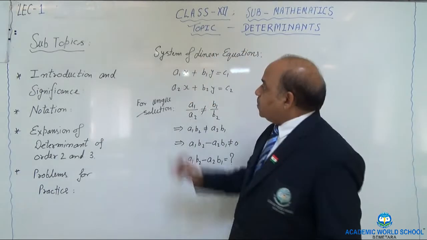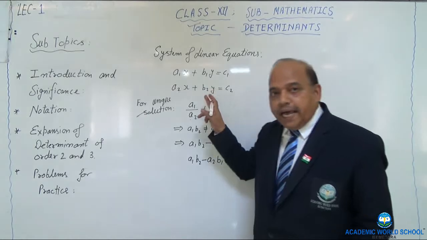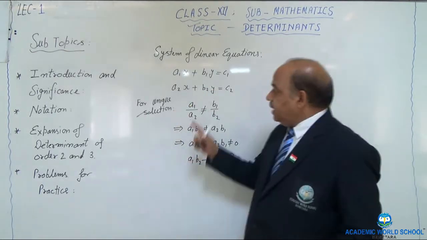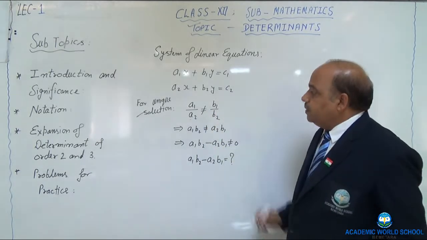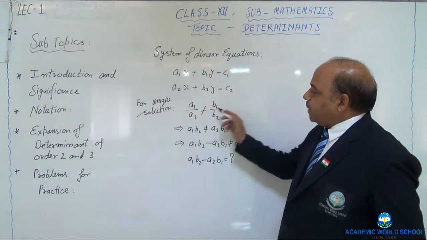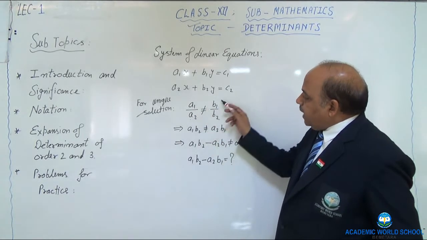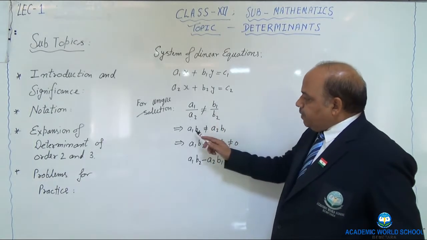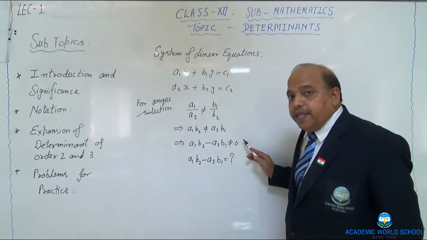Look at this. You learned that these two linear equations will have a unique solution provided a1 upon a2 is not equal to b1 upon b2. What does it mean? If I cross multiply, a1 into b2 should not be equal to a2 into b1. Or shifting this side, it will become a1 b2 minus a2 b1 should not be equal to 0.